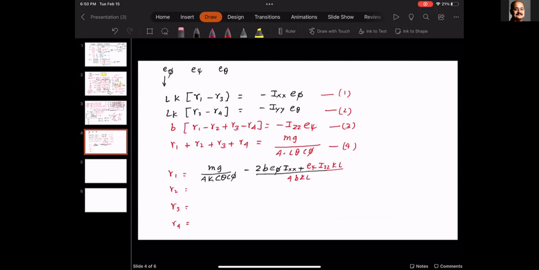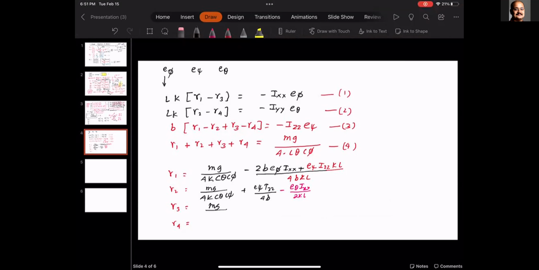2bkl for the second, mg over 4k cosine theta cosine phi plus e psi Izz over 4b minus e theta Iyy divided by 2kl.